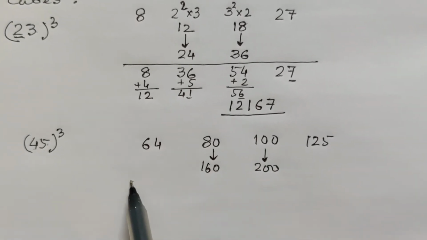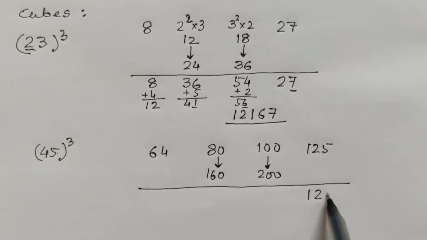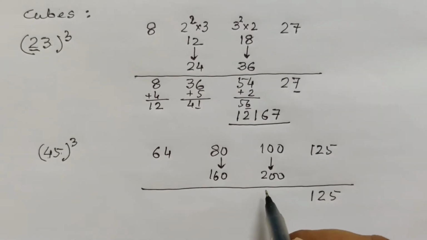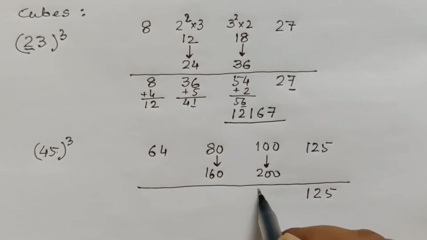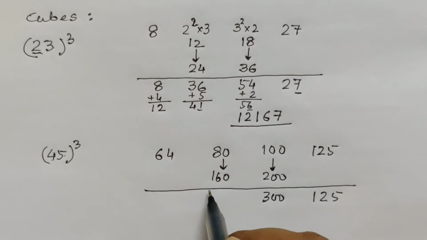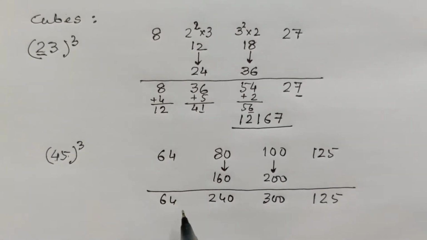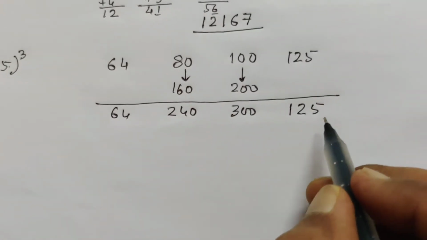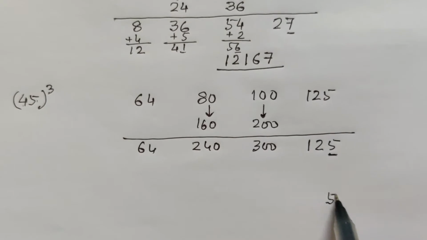Now add them. This is step 3. This is 300. This is 240. This is 64. Now what? Now write 5 over here.